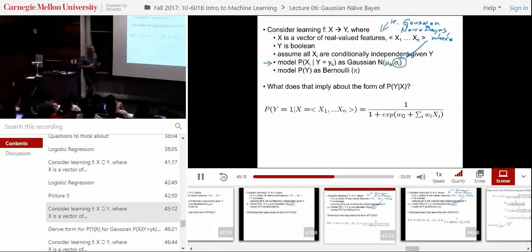Okay, so let's see. Oh, here it is. Here's the answer. It turns out what it implies is that P of y given x is of this form.